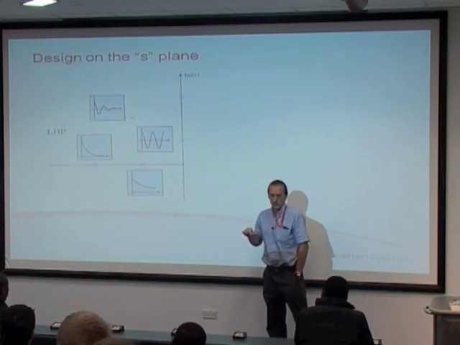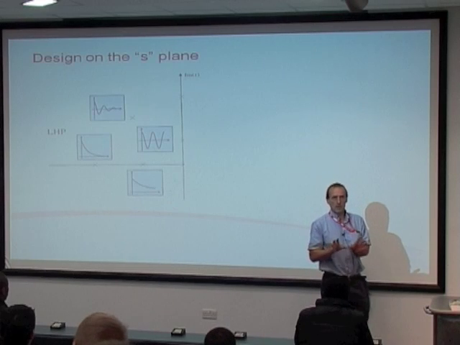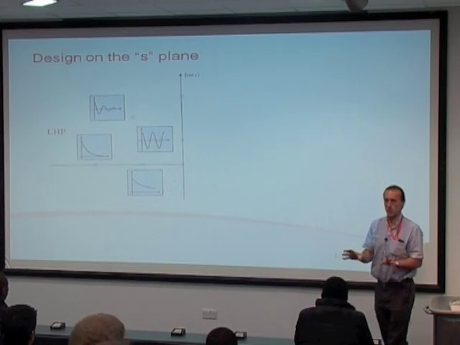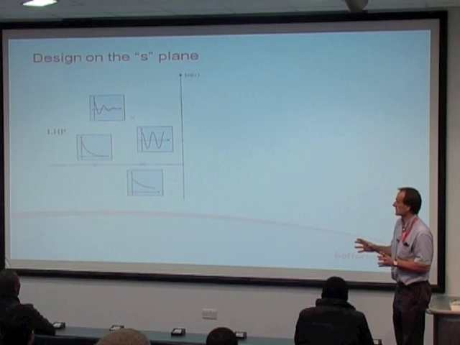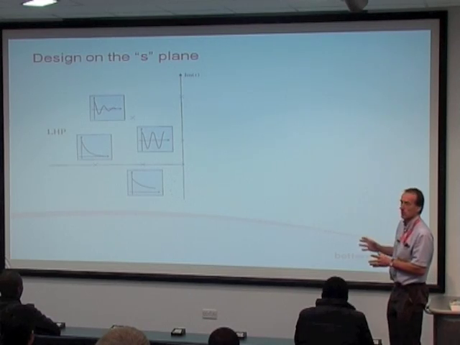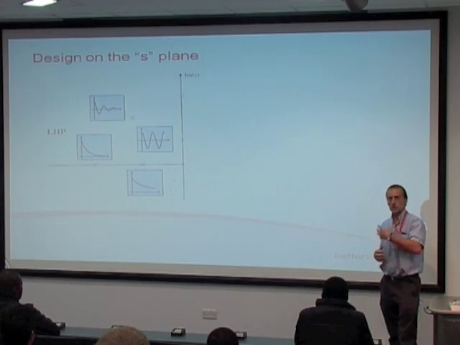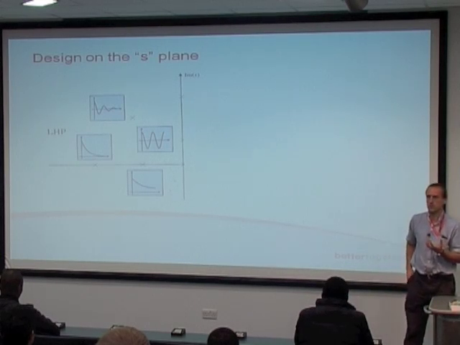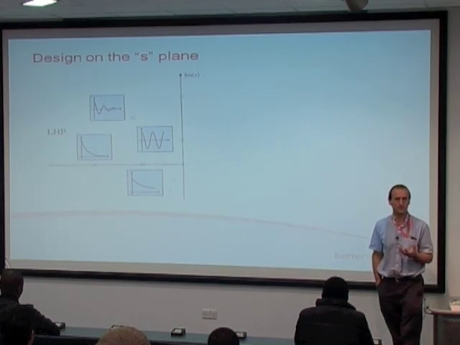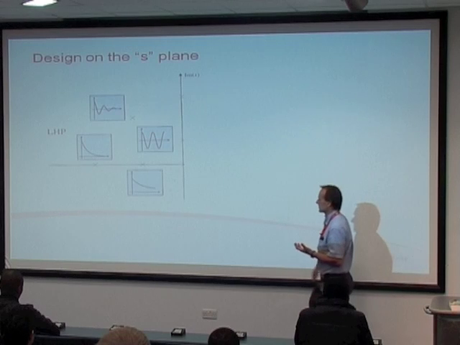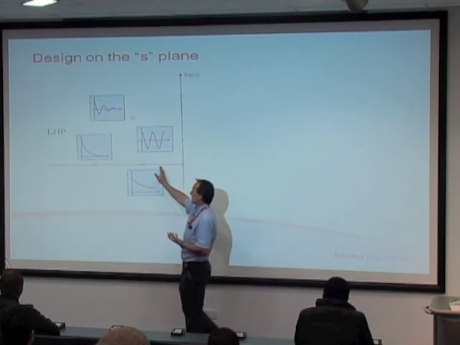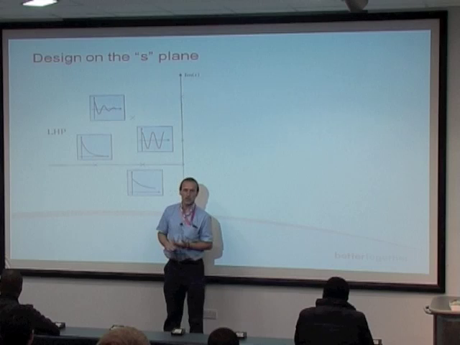Now, if you factorize one of these second-order quadratics to give you 2 poles and the poles come out as complex, there's a real part associated with that complex number. So in other words, there's a value along the real axis that corresponds to that complex pole.